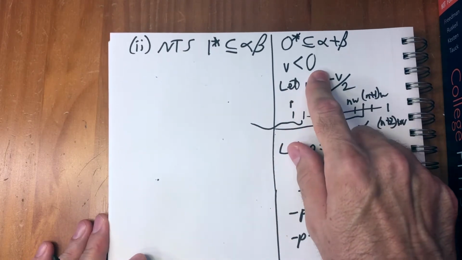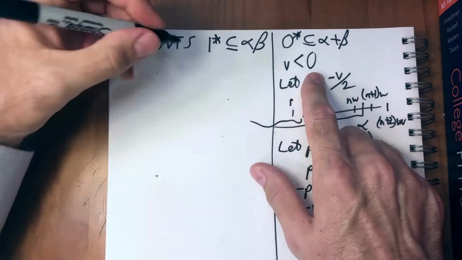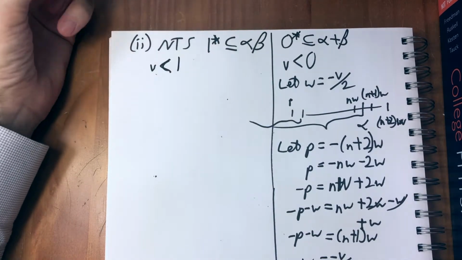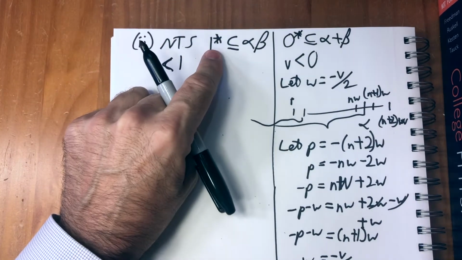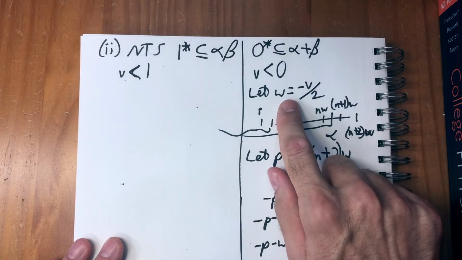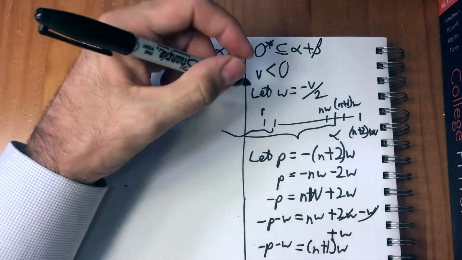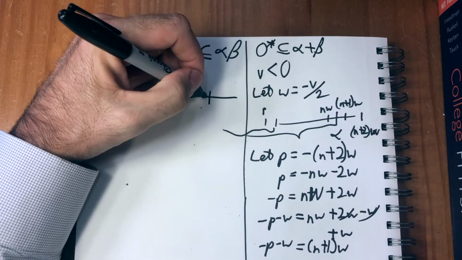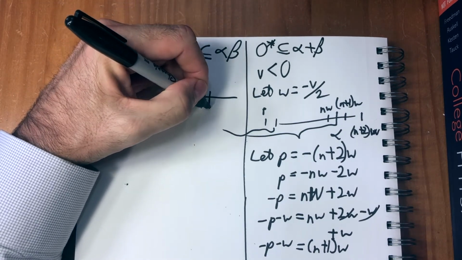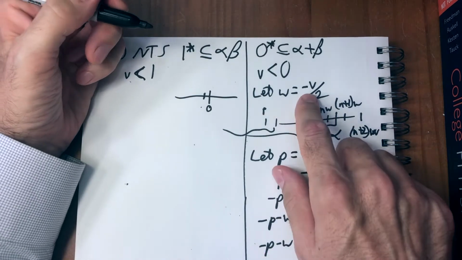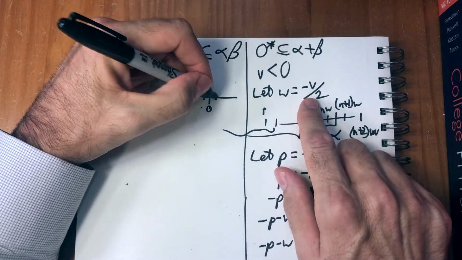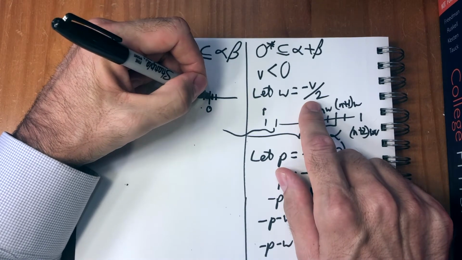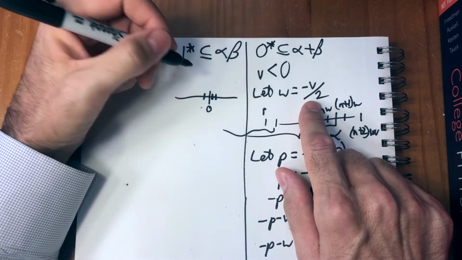So here, instead of 0, we're going to choose a v which is less than 1, meaning that it's an element of 1 star. Now, for addition we had some v that was less than 0, and then we took the inverse of it, so it was on the other side of 0, and then halfway between 0 and minus v, right?